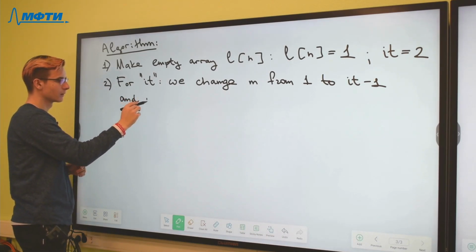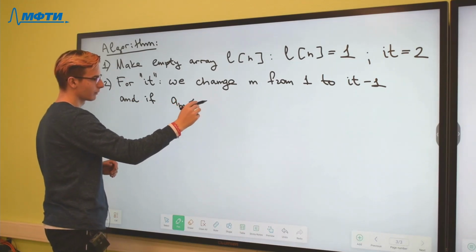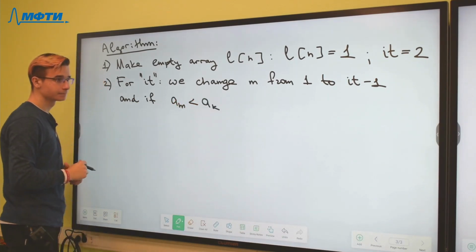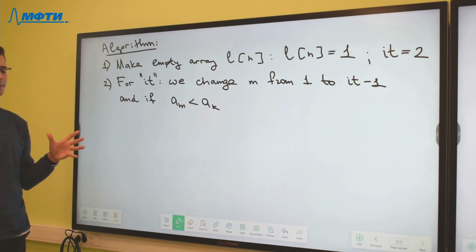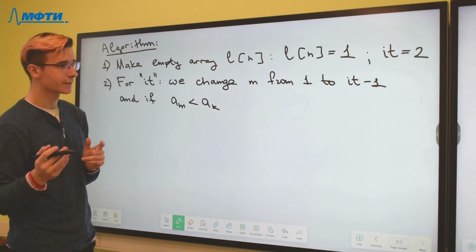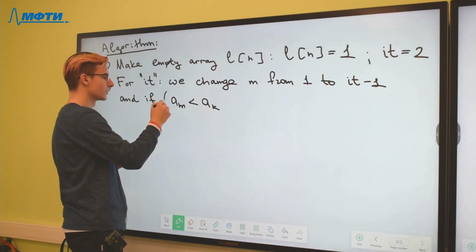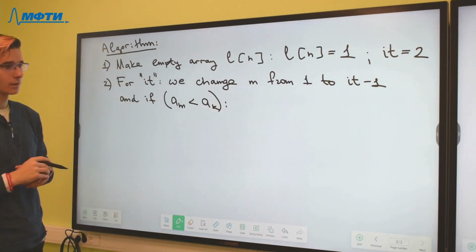And if Am is less than Ak, we say, okay, then we can find a longer subsequence. And how can we find it?